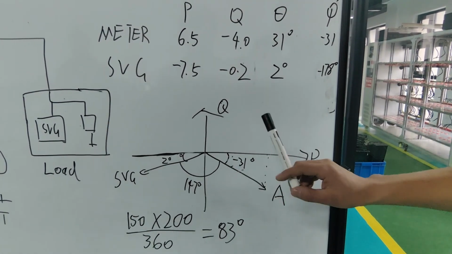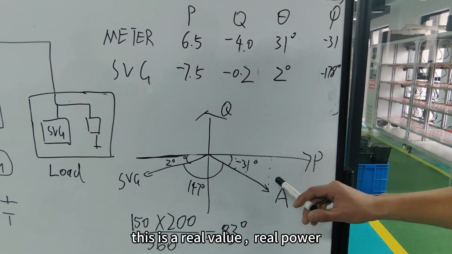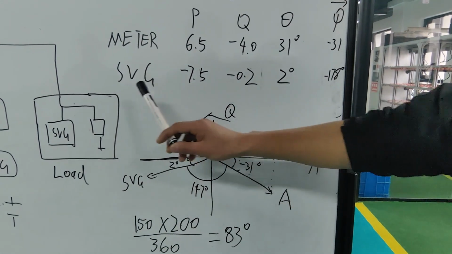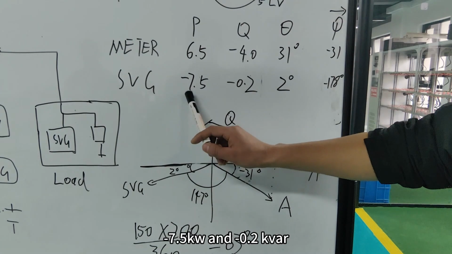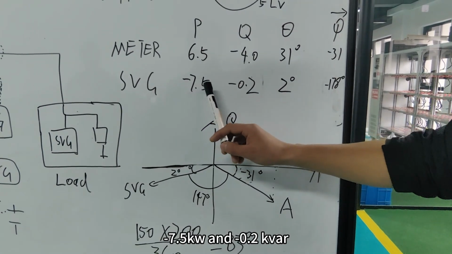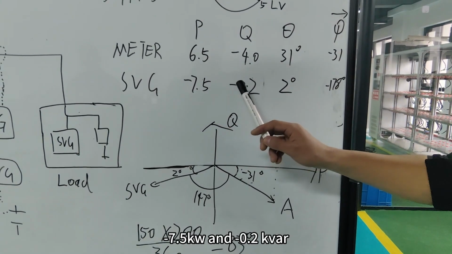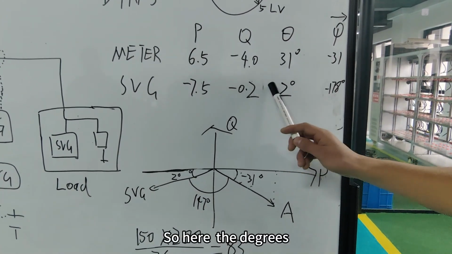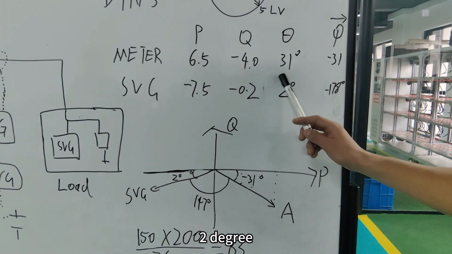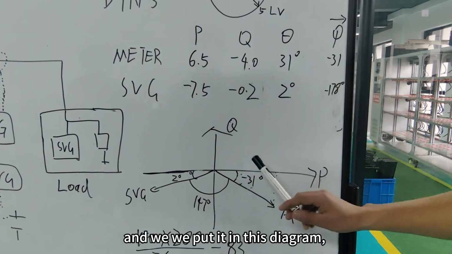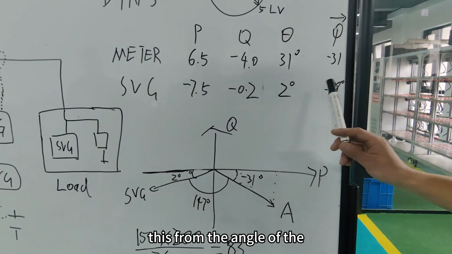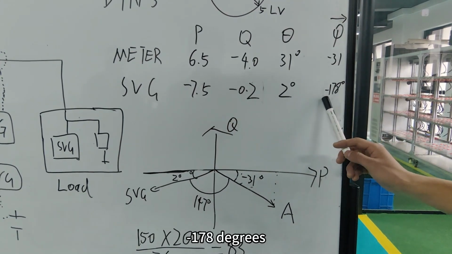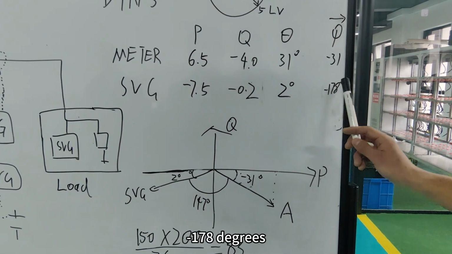This is the real value. And here on the SVG, we have negative 7 kW and negative 0.2 kvar, so the angle in the diagram is 2 degrees, and if we put it in this diagram, the angle of the SVG data is minus 178 degrees.